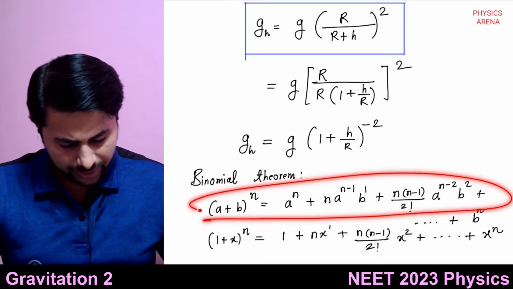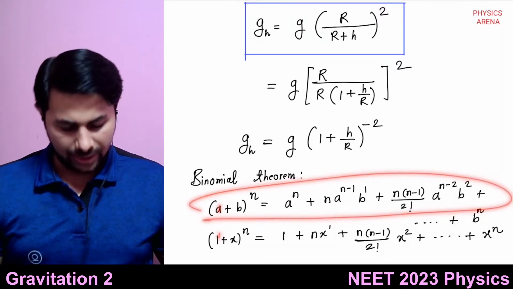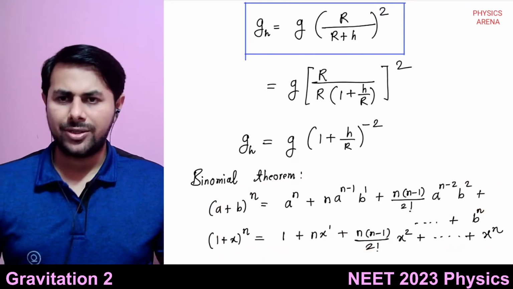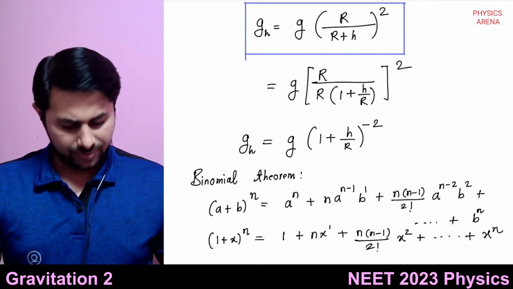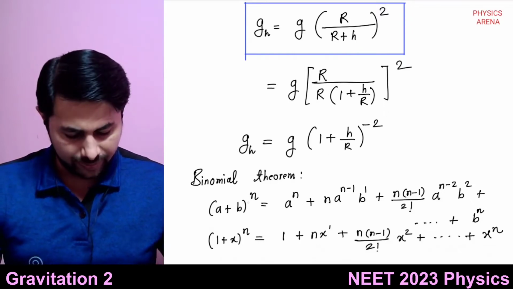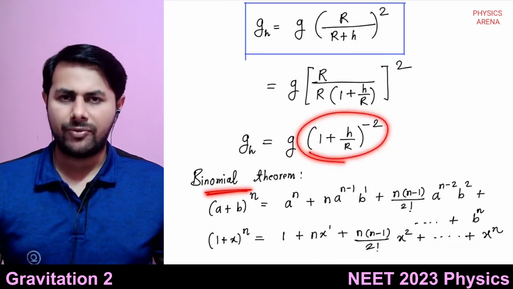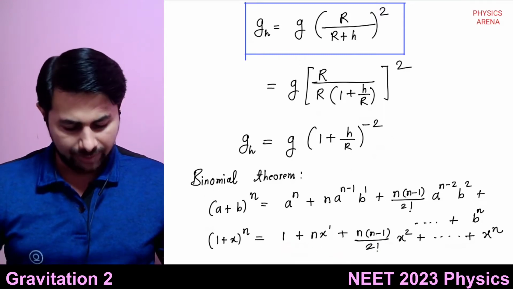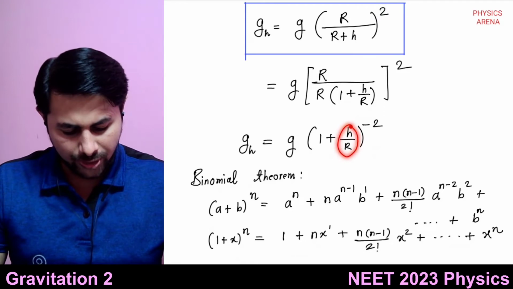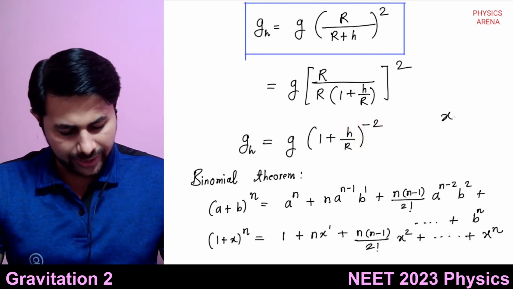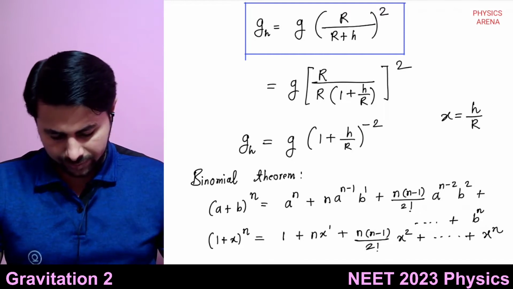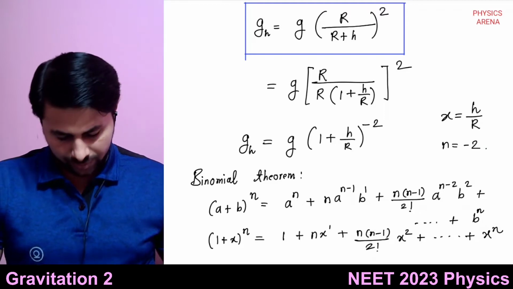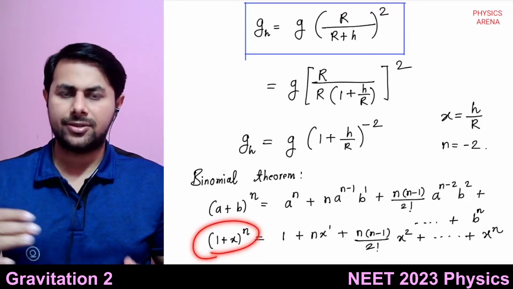Okay, so from this formula, by substituting a equals to 1 and b equals to x, you get this simplified formula. Okay, we are going to use this theorem, binomial theorem, to find out approximate value of acceleration due to gravity. Okay, so till now there is no approximation. I mean, if you take x equals to h upon r and put n equals to minus 2, it is 1 plus x raised to n.